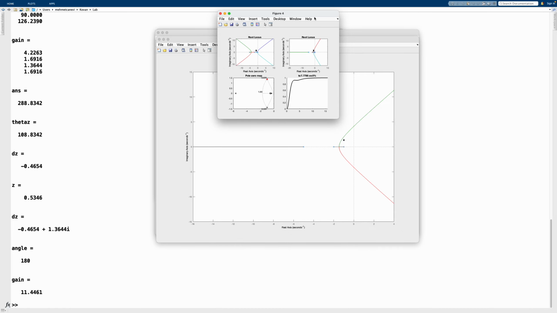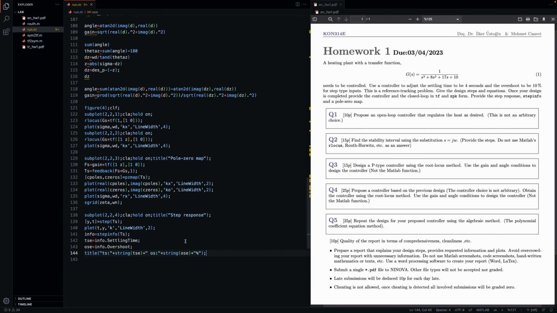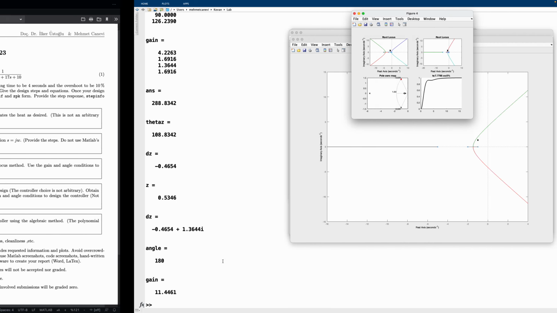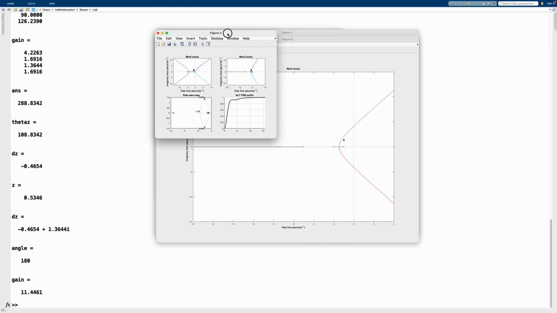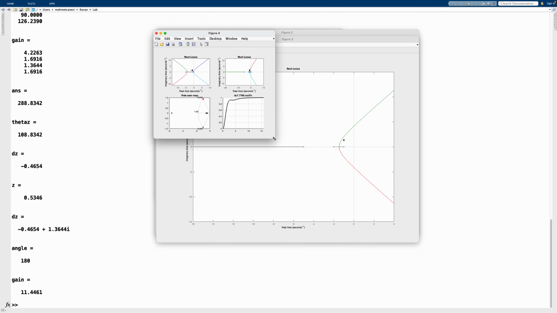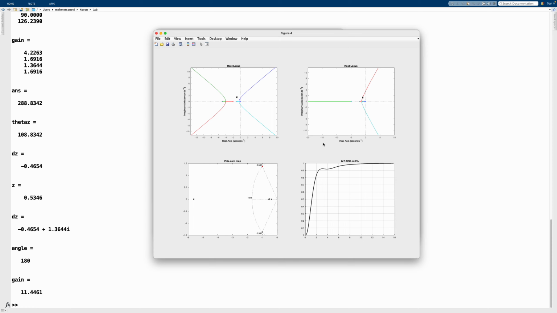There we go. Maybe a little grid on would be nice here. There we go. Now, let's zoom in a little bit and let's see.